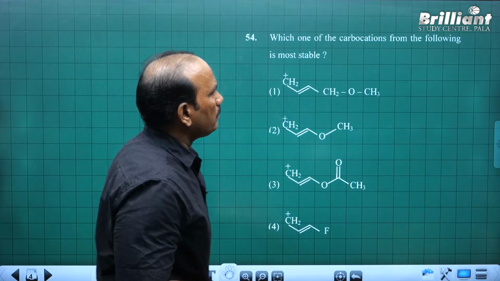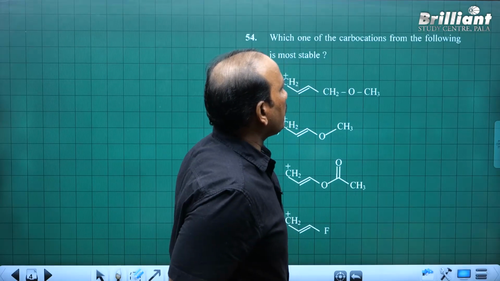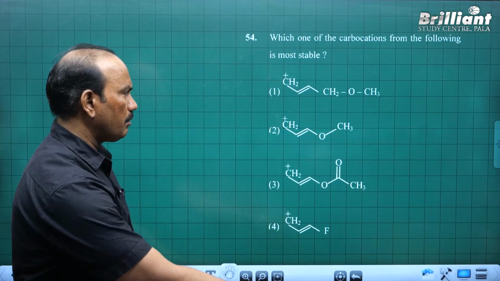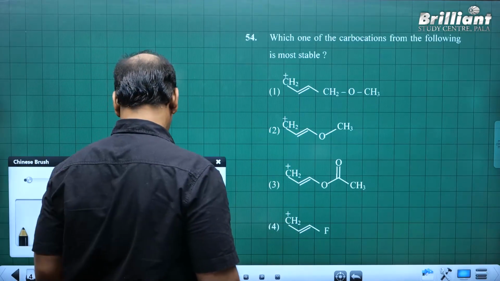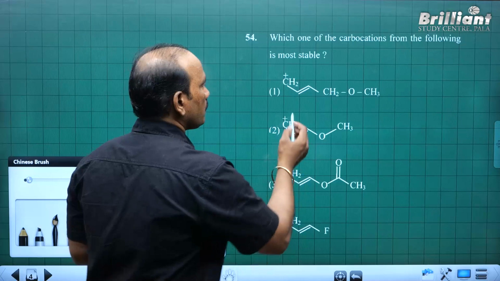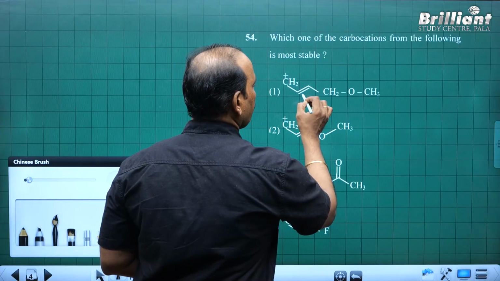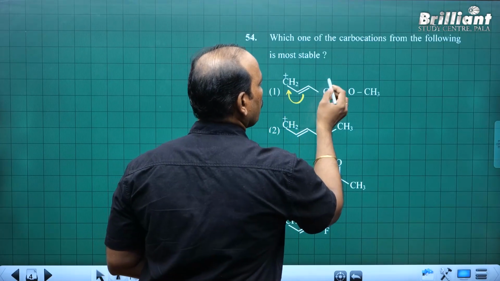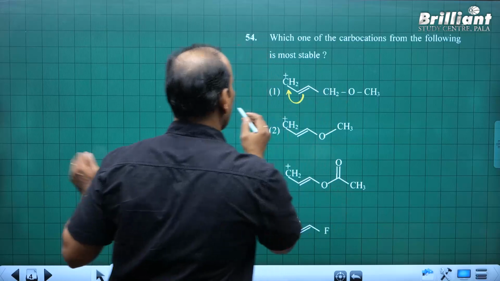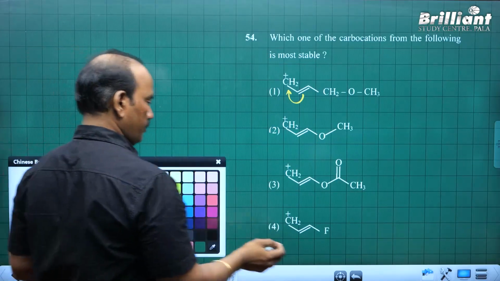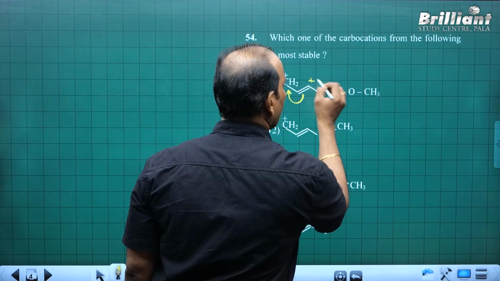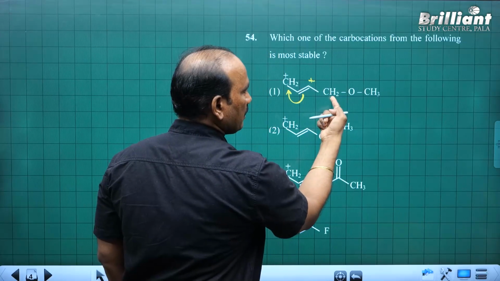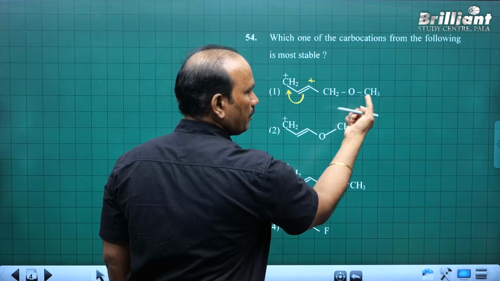Which of the following carbocations is the most stable? Previously we discussed it, same concept. So here this is your carbocation. Here we get a positive charge. And the positive charge's adjacent carbon has a minus I group.